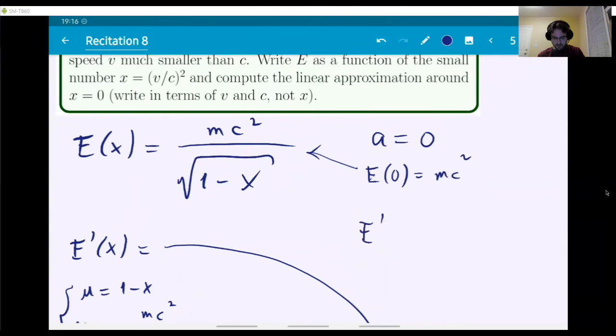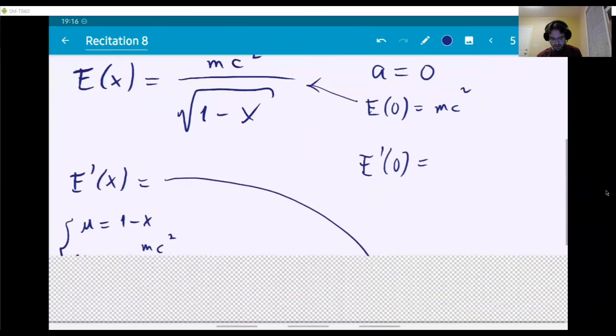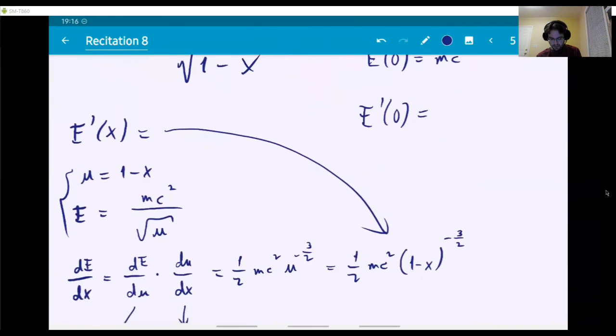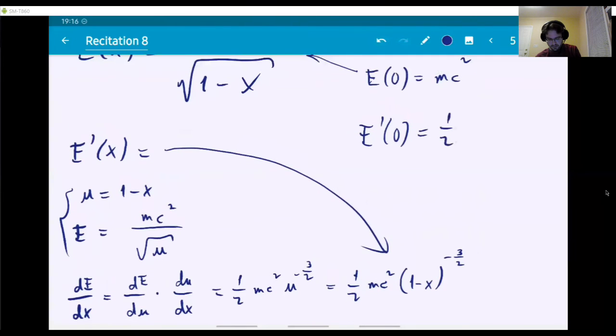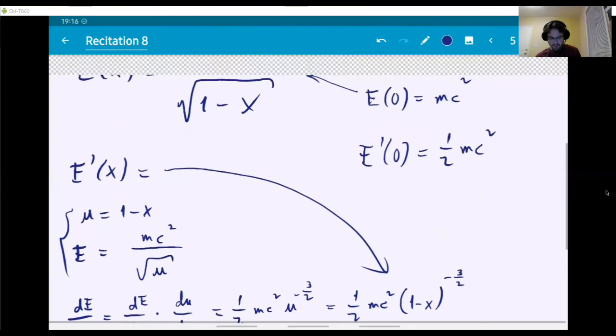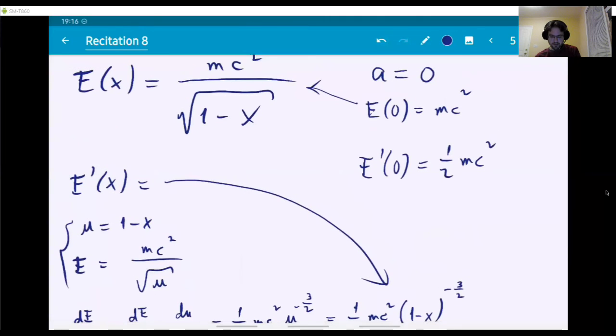And what is E prime of 0? E prime is down here. When you put 0 for x, this is just going to be 1 raised to minus 3 halves. That is still 1. So that is a 1/2 mc squared.